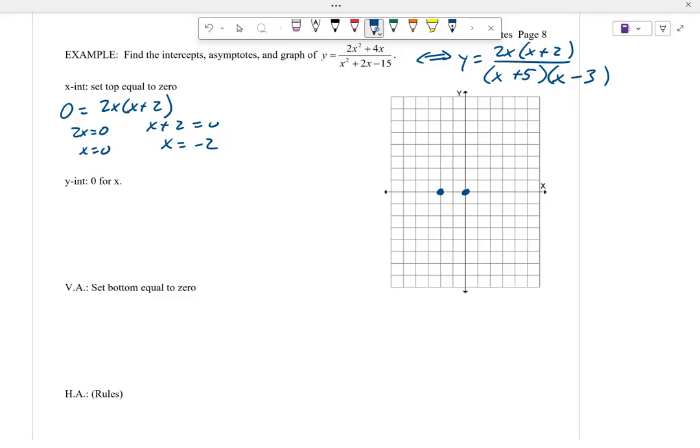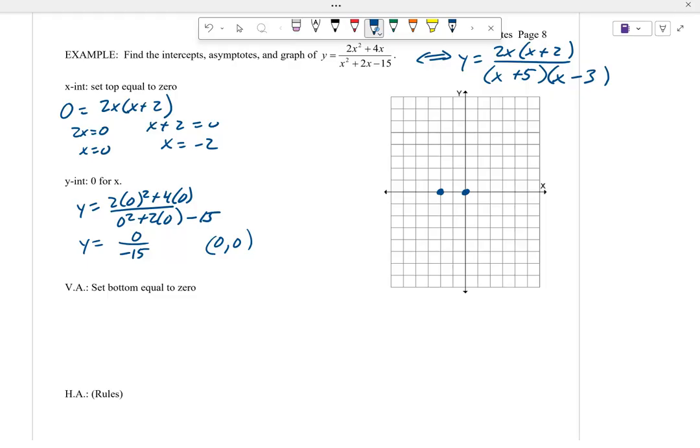Now let's go ahead and find our y-intercept by letting x be 0. And I got 0 on the top over negative 15 on the bottom. So it looks like this is 0, right? So we have when x is 0, y is 0. We already knew that. We already had that origin point as the x-intercept as well.